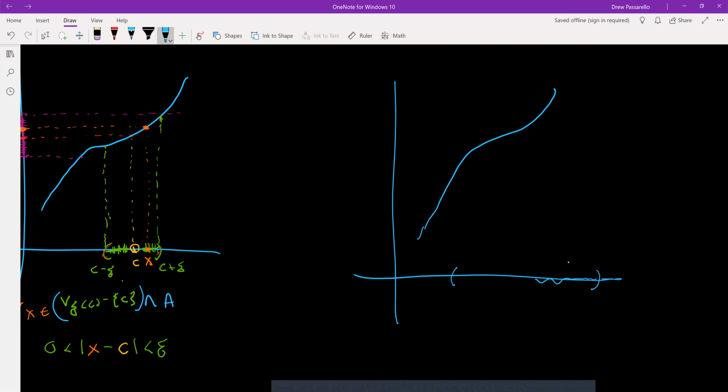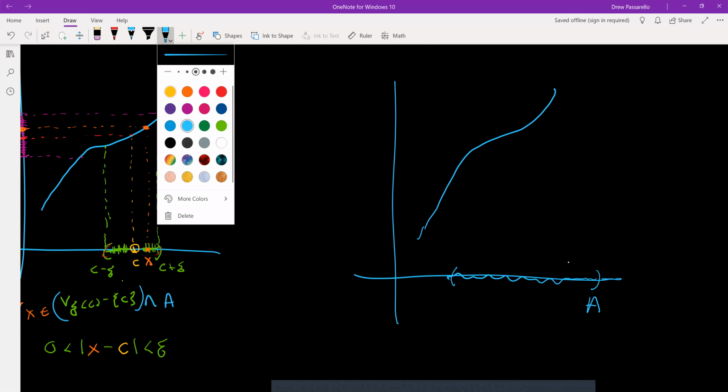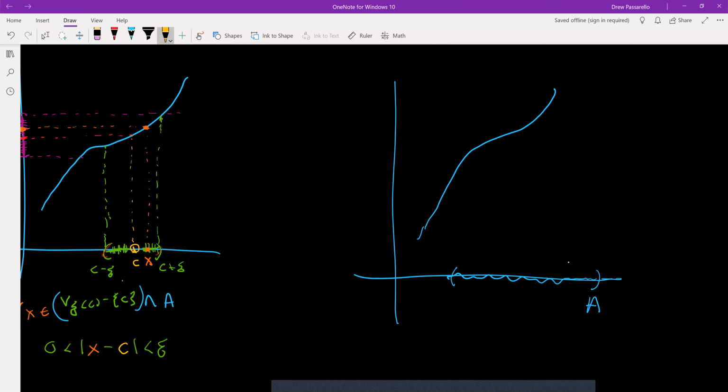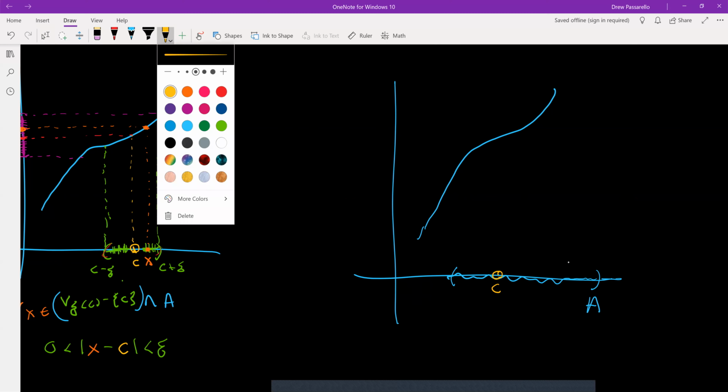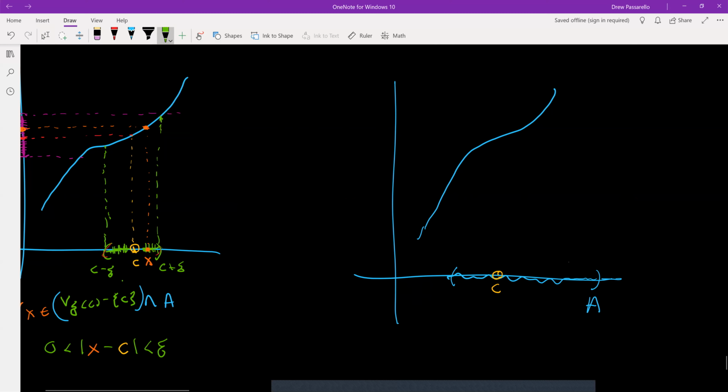So we're only dealing with all of this. That's our set A. And now we're going to put a punctured neighborhood around C. So let's say C is right there. And then we go C plus delta, and then C minus delta, right there and right there. All right, that's the punctured neighborhood. And we're doing the intersection of this punctured neighborhood with the set A.